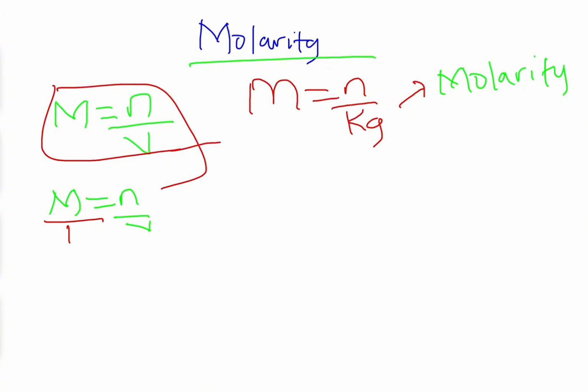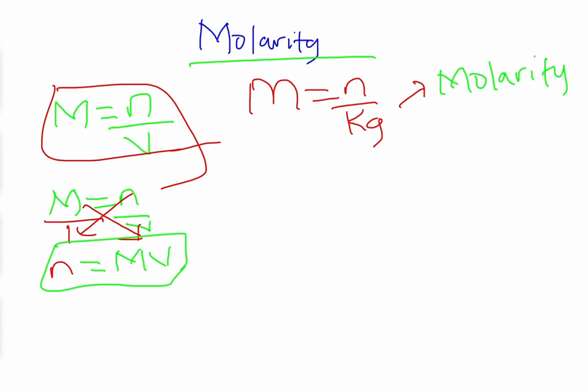So if we cross multiply, this comes right here and this goes this way. So n times 1 is just n. It's not 1n, it's just n is equal to M times V, MV. So this is how we solve for the mole if we are given the molarity and the volume. We use this formula to solve.